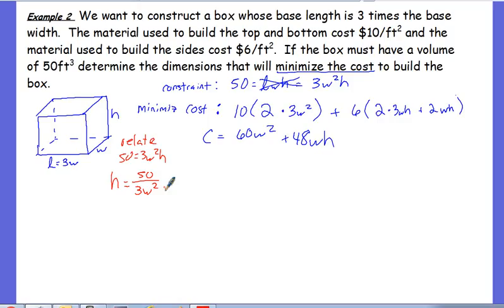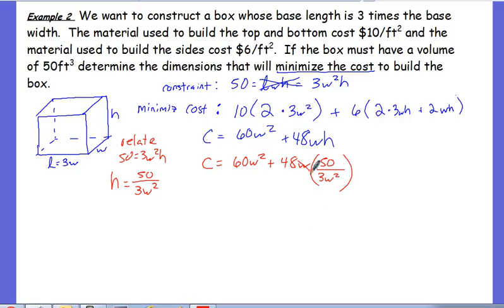So then now what? See how it's going to go here? So here's what we have. We have C equals 60W squared plus 48W times 50 over 3W squared. Can I simplify this? Notice that a W and a W, what's going to happen?